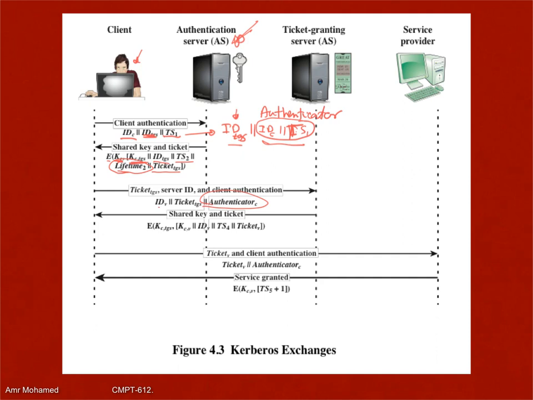All right, so now I was able to share a session key between the client and the TGS server. Right? This key is now shared between those two entities and nobody else knows about it, hopefully. Now the user wants to gain access to a particular service, like an email server.